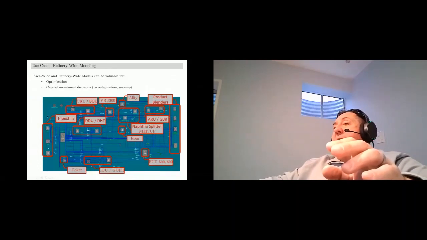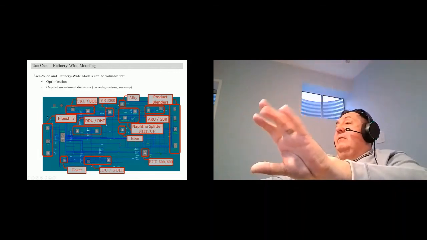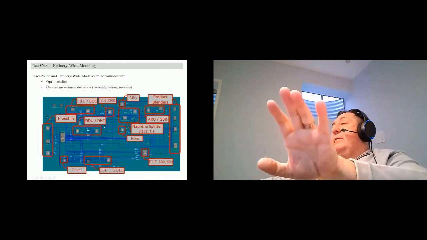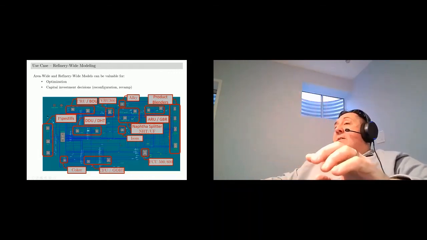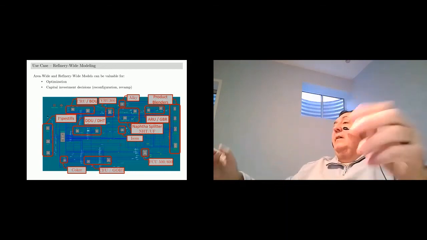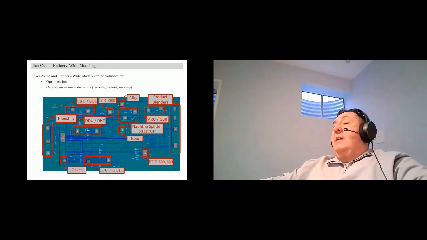So each of these boxes, the gray boxes that says flow sheet, each of those boxes consists of dozens of pieces of equipment. And all of these blue lines represent piping of material in the refinery. So this simulation has thousands of streams and many hundreds of unit operations, and it is used to model the entire refinery. So then you can understand how to optimize it and how to invest, how to make capital investments.